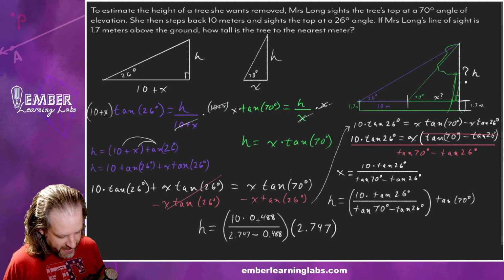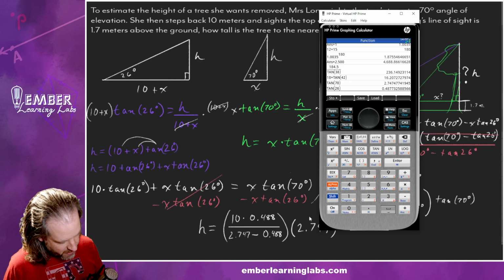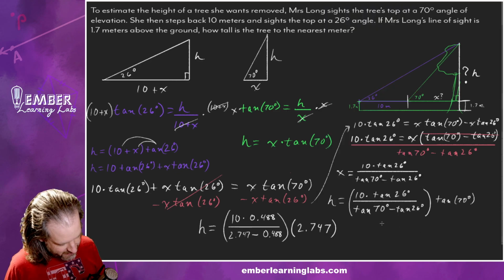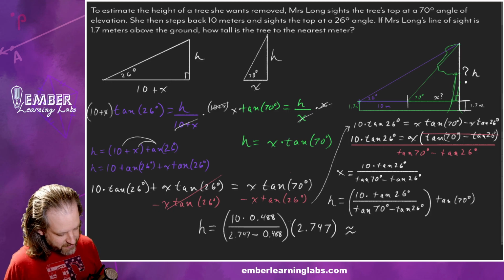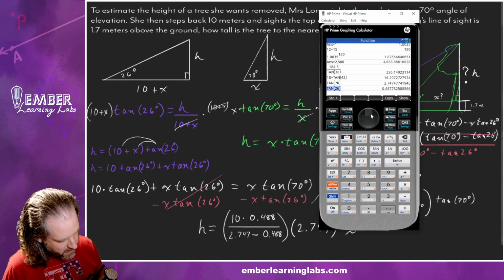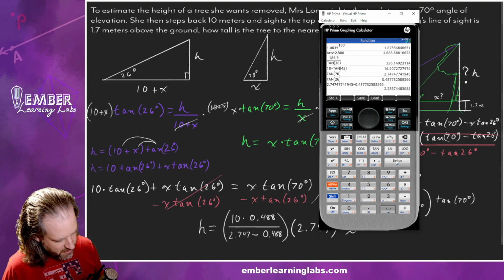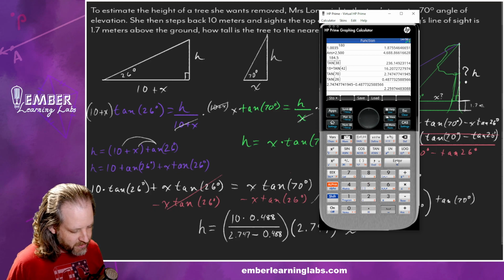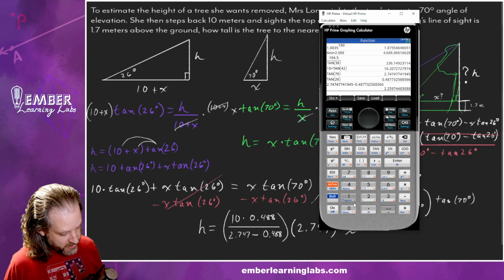All right, so 10 times that is easy peasy. 10 times that would be 4.88, divided by this minus that one, equals 2.260.